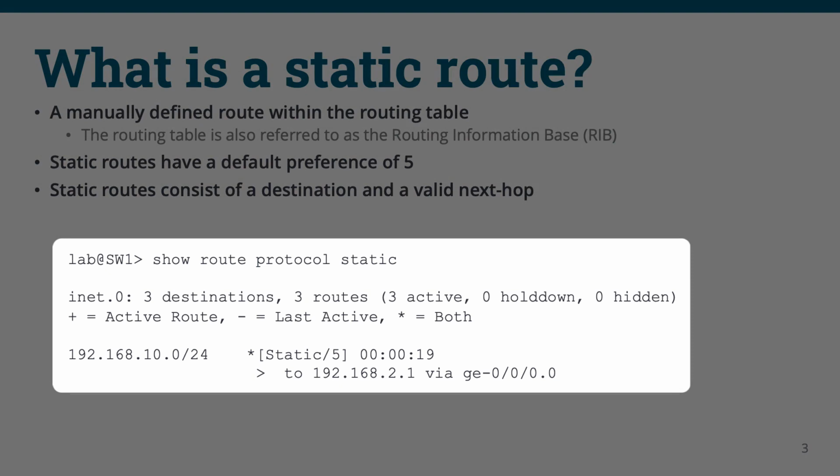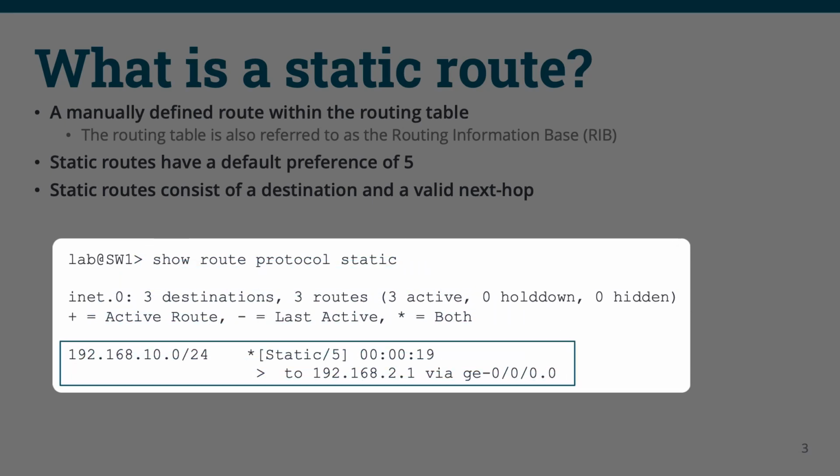Below, we can see that we use the command show route protocol static to show all active static routes that are in the routing table. In this example, we have a single static route for the 192.168.10.0/24 prefix with a next hop of 192.168.2.1. We see that the 2.1 IP address is reachable via the ge-0/0/0.0 interface.